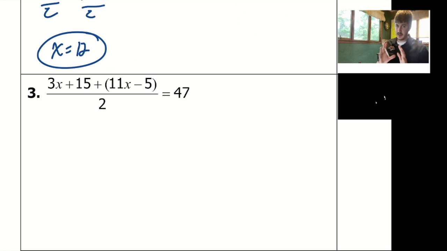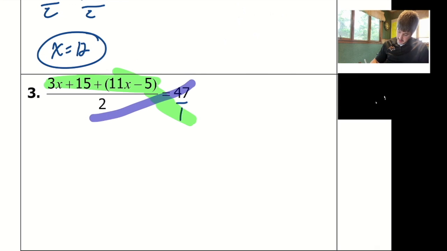I think the easiest way is you're going to throw the 47 over 1 and cross multiply. I think that is the easiest way to deal with this, because this whole numerator crosses into the 1, and we know anything multiplied by 1 is just going to stay the same. And then when you cross multiply the other side, 47 and 2. That way you get rid of all the fractions and so forth.